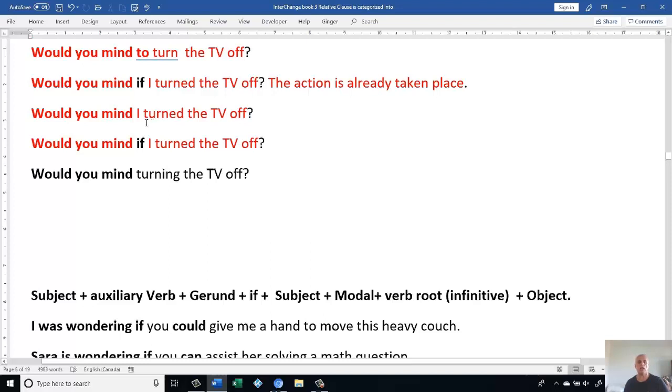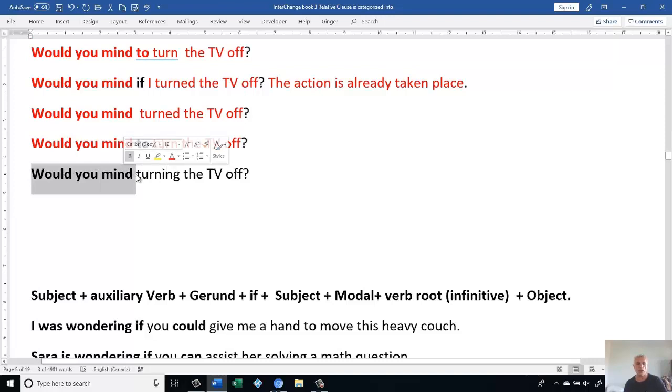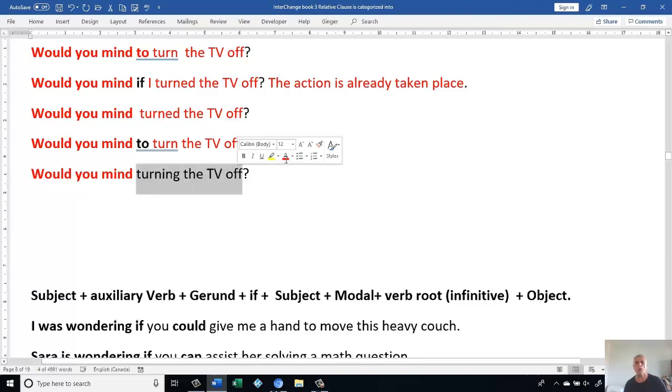We're going to have two clauses, a run-on sentence. Either we could delete I, also the subject. Now it's okay because we say, would you mind turning the TV off? Because this is going to be the past participle, then it's no problem. Or you could change this one to turn the TV off. That's also possible. Or sometimes we could say, would you mind turning the TV off? That's when we say deleting the if condition.